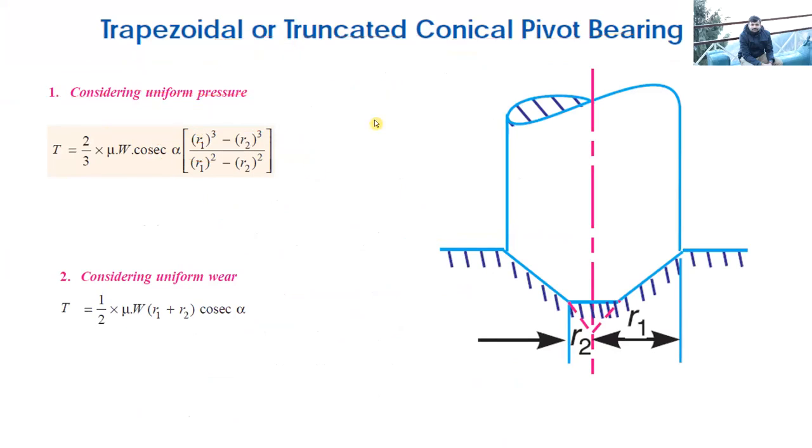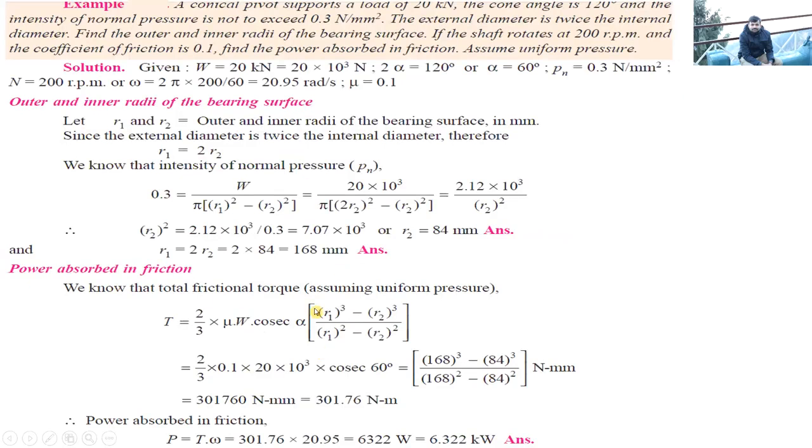So we have all the values. We have the value of mu, W is also known to us, alpha is also known, and R1 and R2 have been calculated. So we'll put the respective values, and we get the frictional torque as 301.76 Newton meter.